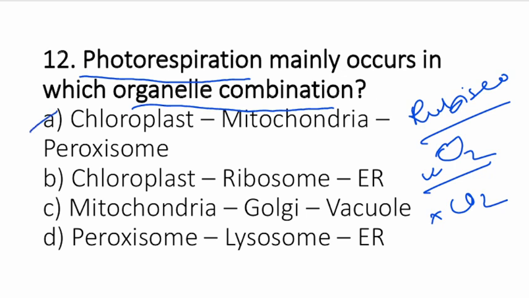Option A is chloroplast, mitochondria, peroxisome. Option B is chloroplast, ribosome, endoplasmic reticulum. Option C is mitochondria, Golgi and vacuole. Option D is peroxisome, lysosome and ER.